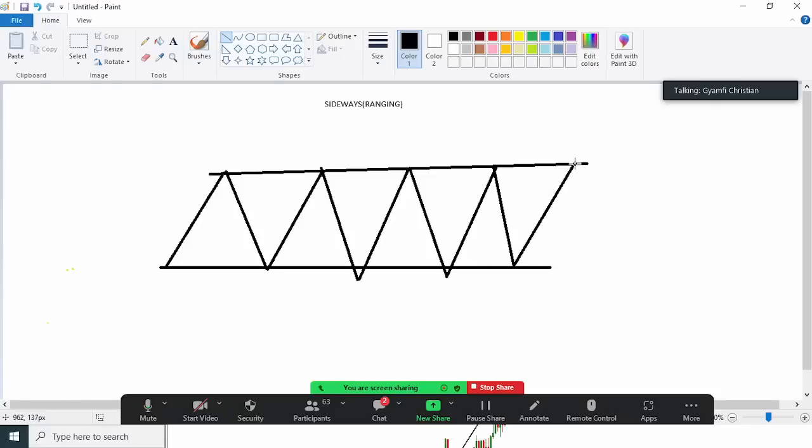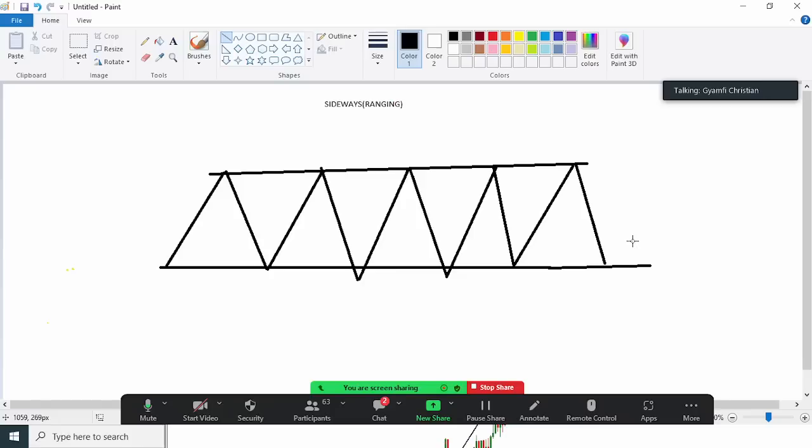Okay, so these are the explanations all three guys gave us. They all explained it in different ways, but they all boil down to the same understanding. So this is a sideways market, or a ranging market, or a consolidation market.